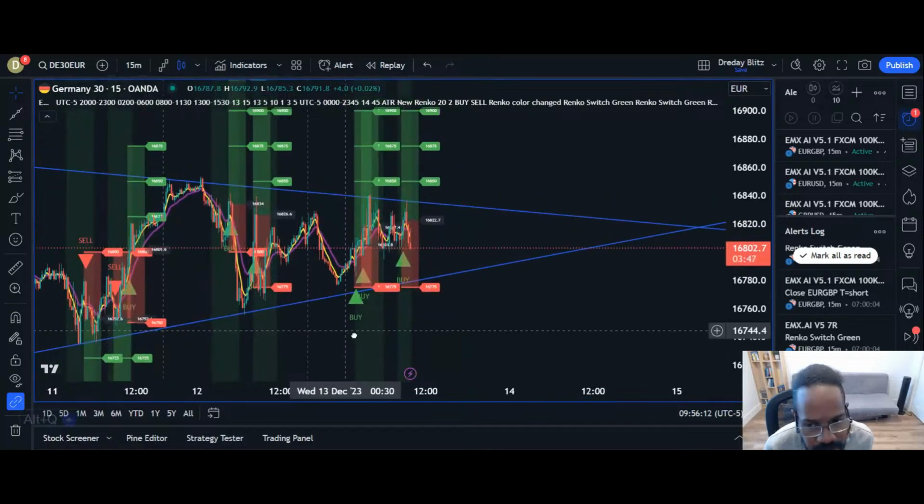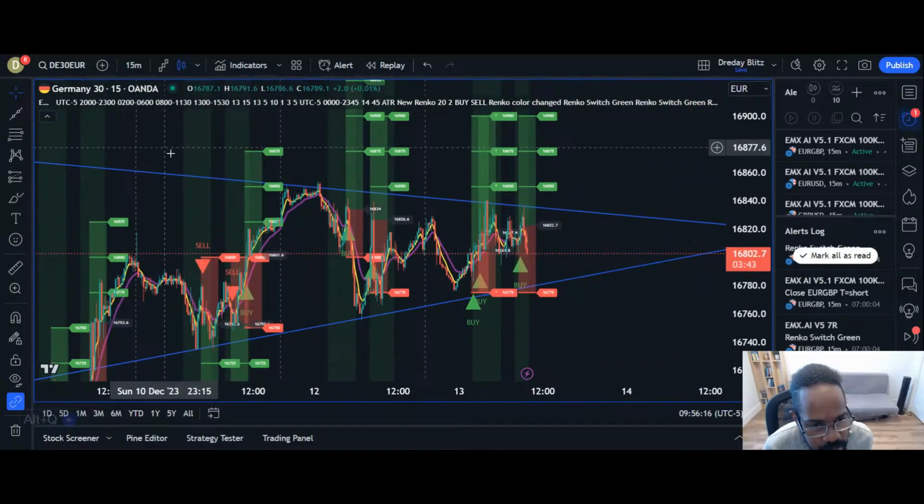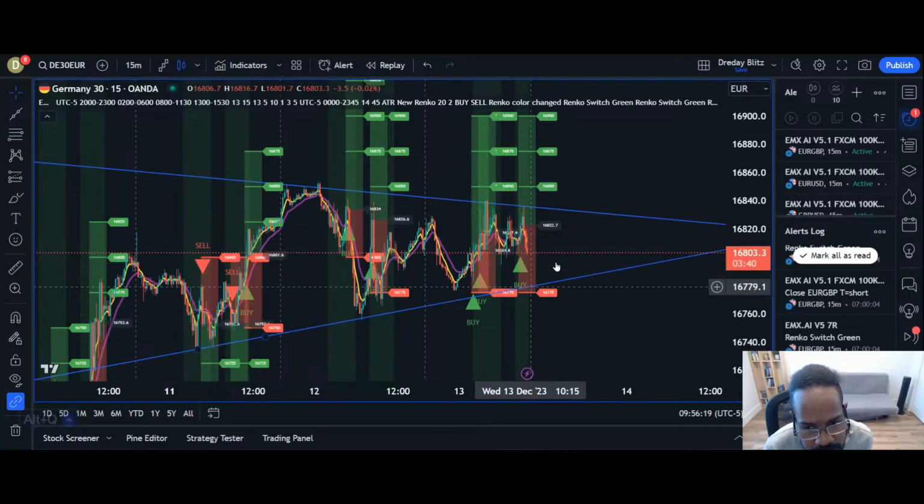Okay, if you all love technical analysis here, you see exactly that the price is squeezing.